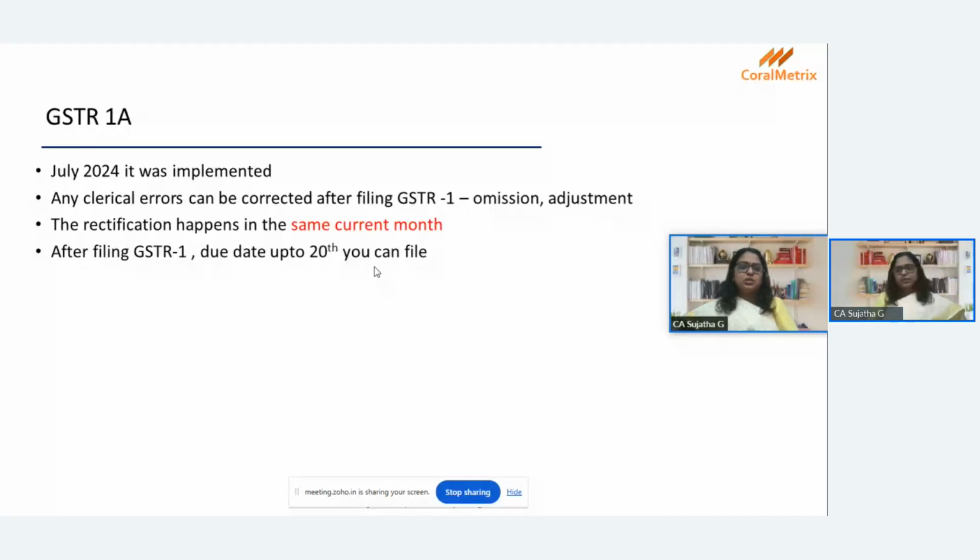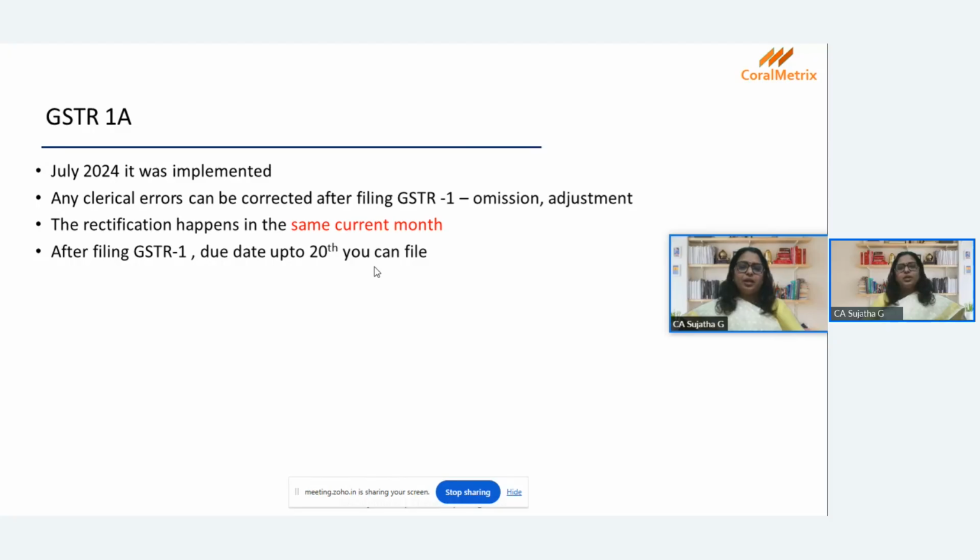I have missed reporting certain things, right? I have omitted, or instead of 10,000, I have put 1,000. In such cases, immediately after noticing the error, the taxpayer can file the return through GSTR1A. The rectification can be carried out.